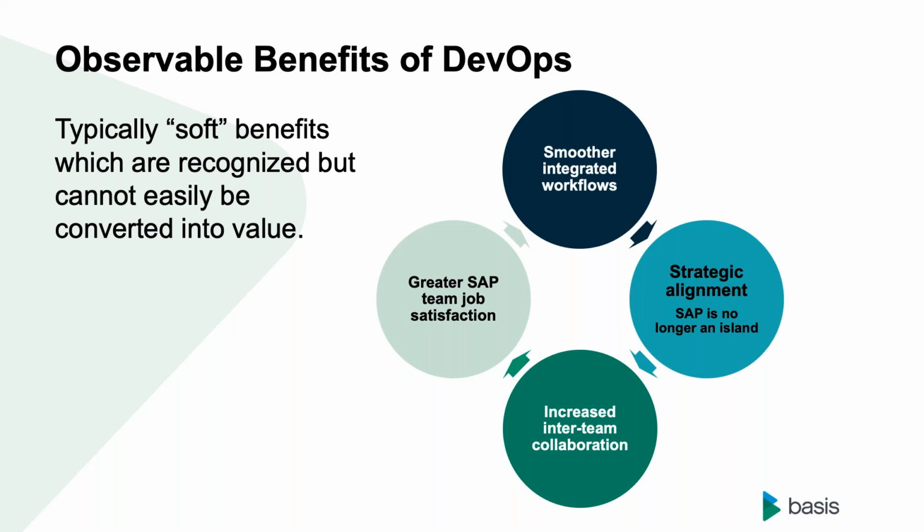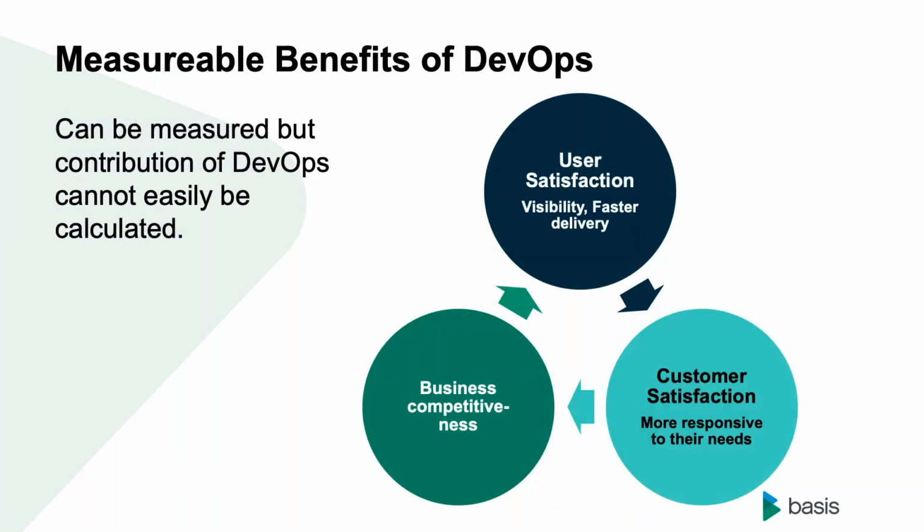So you can talk about strategic alignment, you can talk about team collaboration, job satisfaction, but it's something that, unless you have a specific measure or process in place, is unlikely to be something you can quantify today, but could be part of how you articulate some of the value or some of the benefit. Going up to the next type of benefit, we have measurable.